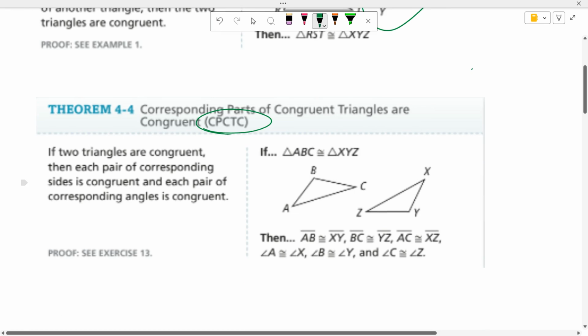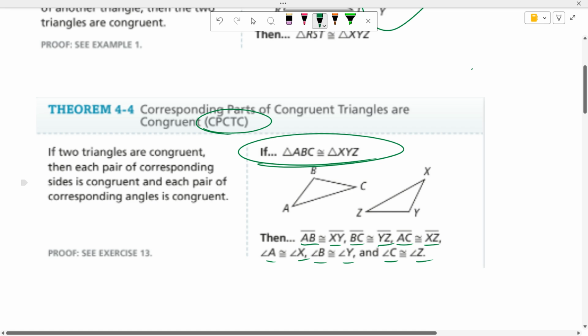Now, the next one is CPCTC. That is not a way to prove triangles congruent. So don't put it down for a way that triangles are congruent. What it is: once we prove two triangles congruent, then we can say that this side's congruent to this side, this side's congruent to this side, this angle's congruent to this angle, and this angle's congruent to this.